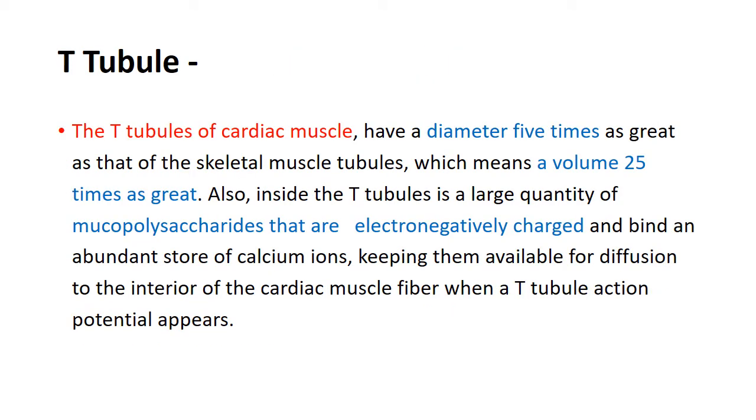The diameter of the T-tubule of cardiac muscle is 5 times more than in skeletal muscle, which means the volume is 25 times greater than the skeletal one.